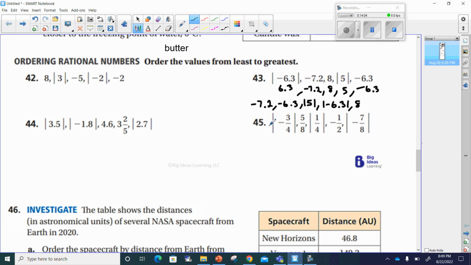All right, let's look at number 45. 45 has the absolute value of negative 3/4. So that's going to be 3/4. Then we have 5 over 8.